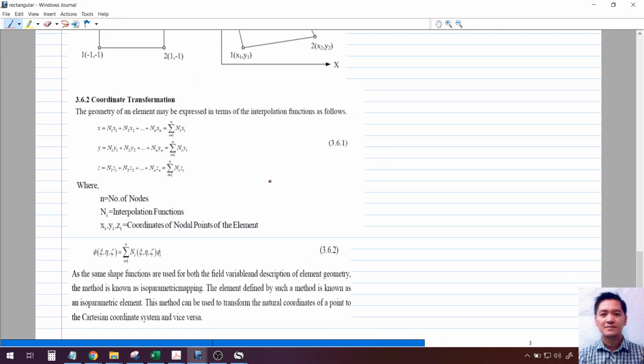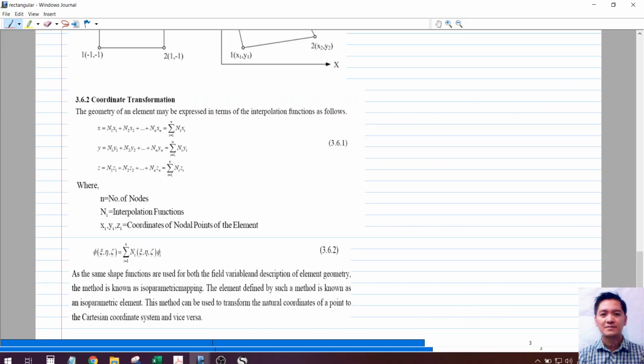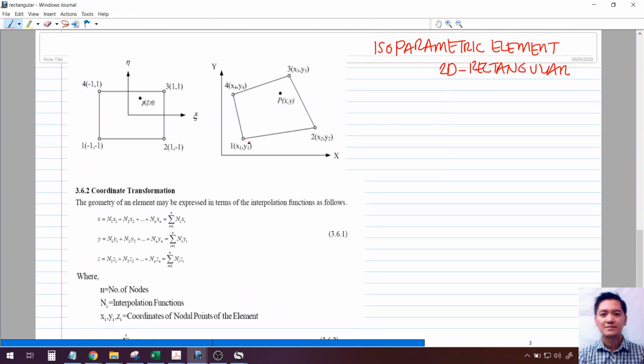For the coordinate transformation, the geometry of an element may be expressed in terms of an interpolation function, together with the coordinates of the nodal points of the element. Since our Cartesian system is in terms of x and y, the element here on the left is no longer a function of x and y.